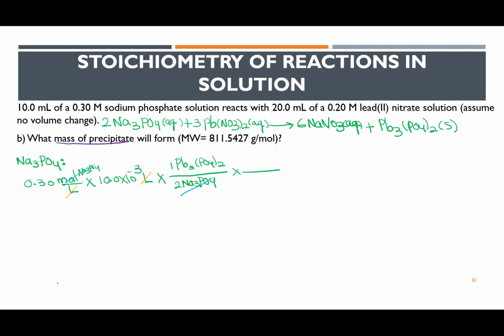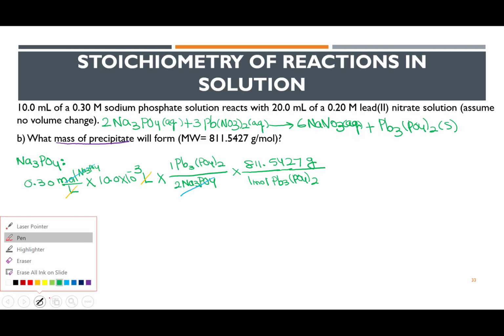Now I need to convert the moles of precipitate to its mass using the given molecular weight for the product, the precipitate. Based on the definition of molar mass, 1 mole of lead(II) phosphate is equal to 811.5427 grams.